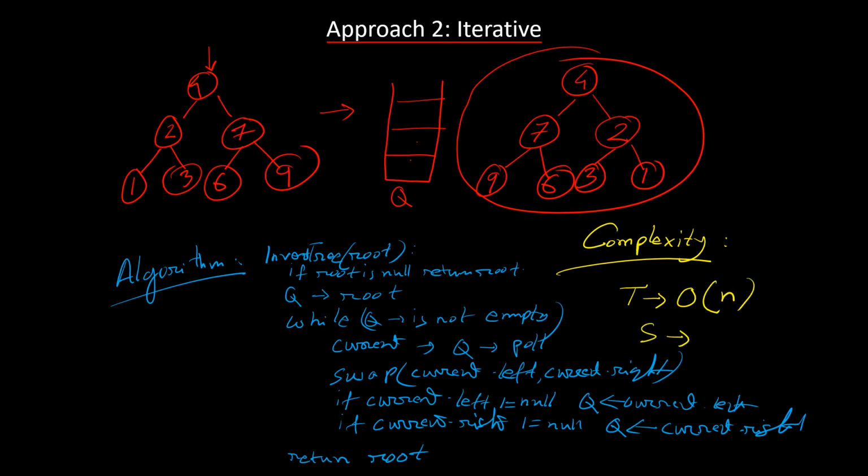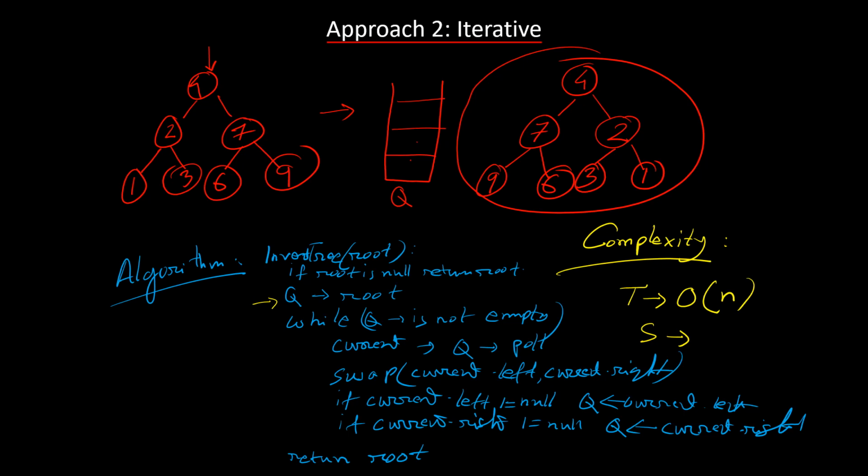For space complexity, this time we do not have any stack frame, so there is one improvement here. We do not need to worry about a stack overflow, but we are maintaining a queue here. So what is the queue size at most?